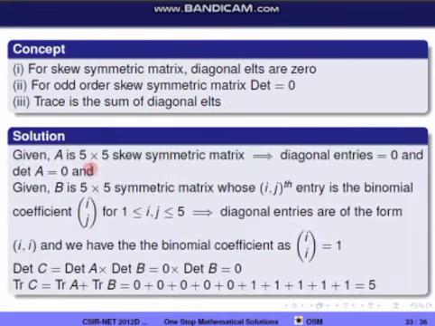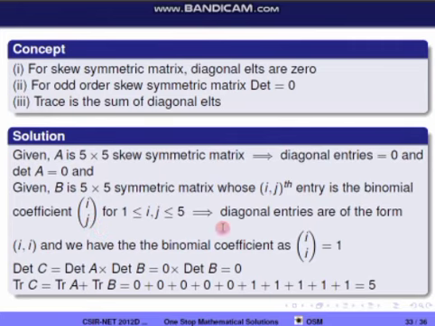So A is a 5 cross 5 skew symmetric matrix, so it is of odd order. So the determinant is going to be 0 and all the diagonal elements are 0. Given B is a 5 cross 5 symmetric matrix whose ijth entry is the binomial coefficient (i choose j).